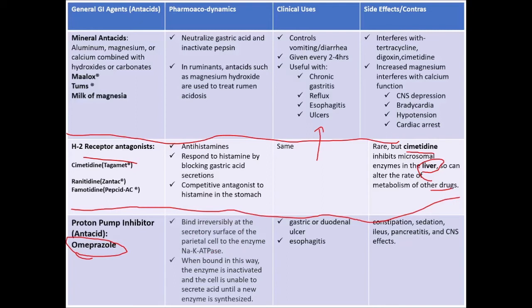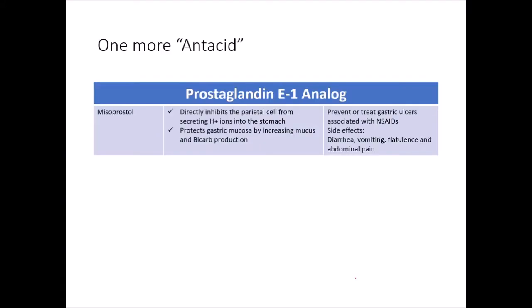Misoprostol is another antacid that's really a prostaglandin E1 analog. It directly inhibits the parietal cell from secreting H plus hydrogen ions into the stomach. This is the prostaglandin that is important to keep the acid levels at a safe level, to protect the mucus lining of the gastric mucosa, and increase the mucus and bicarb production in the stomach.